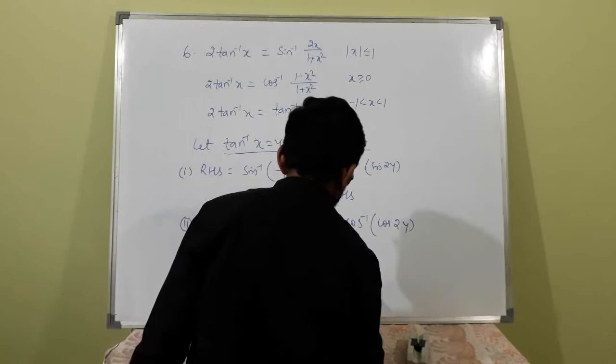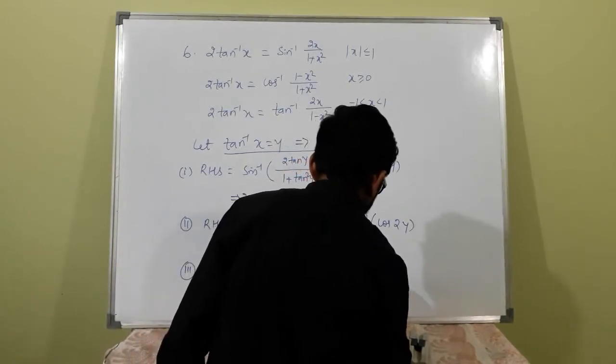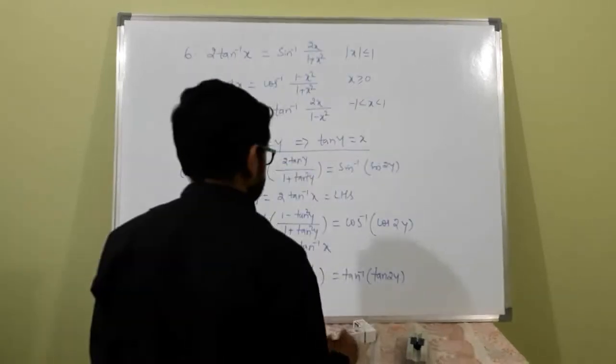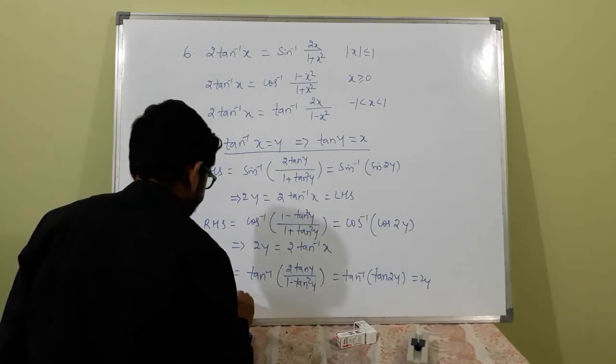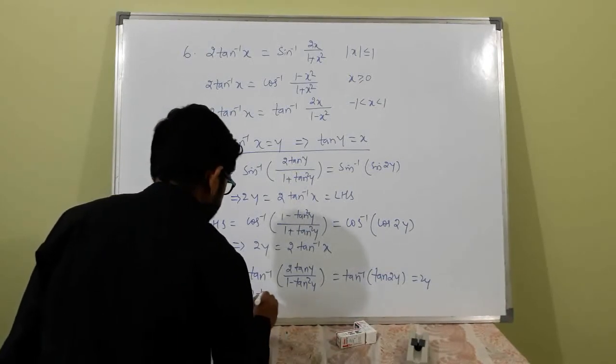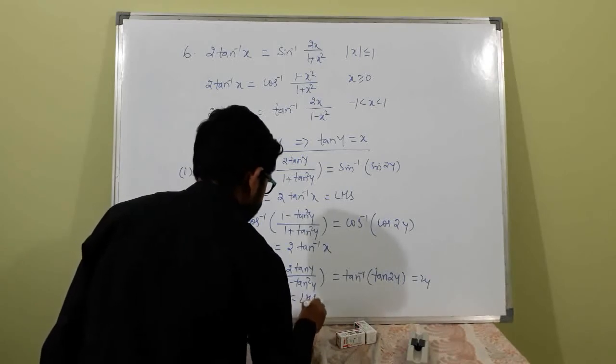This is same as tan inverse of tan 2y. So that is equal to 2y. So 2 times tan inverse of x, that is LHS.